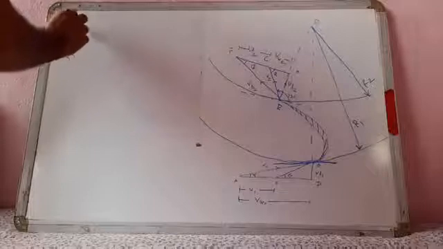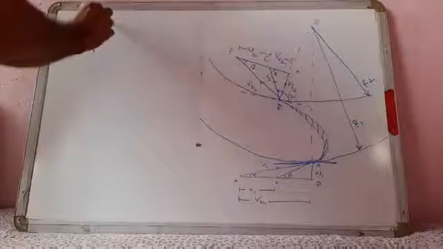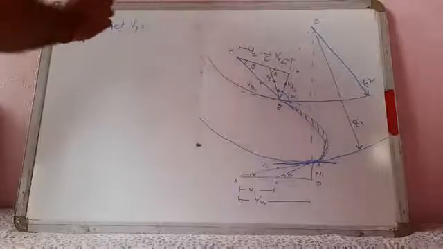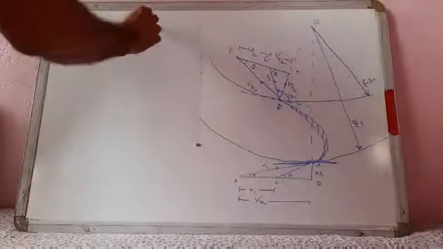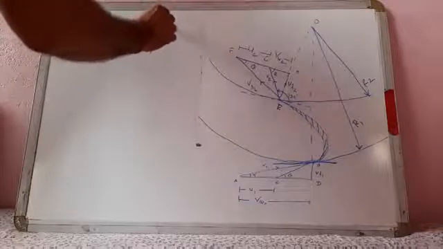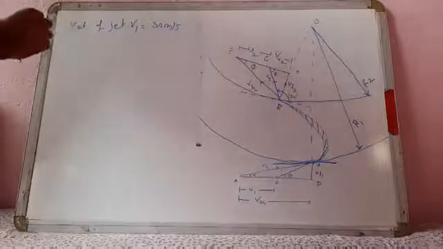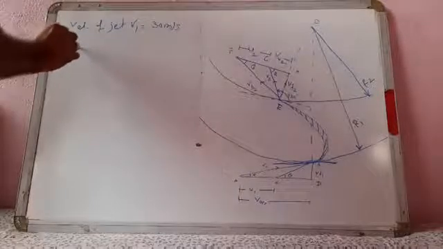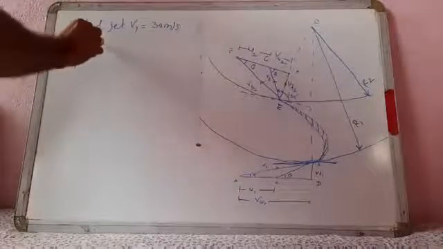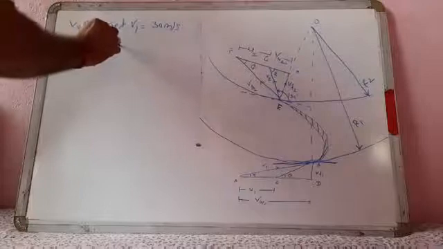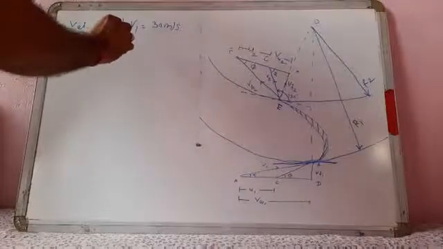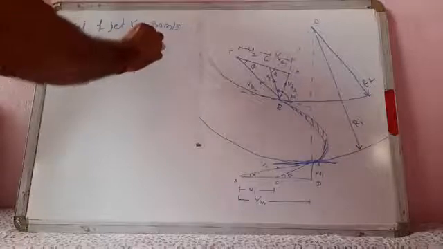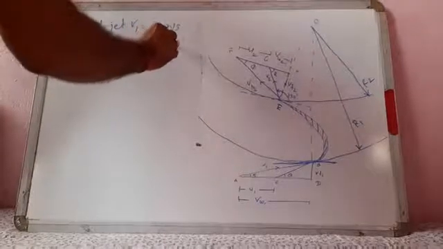Velocity of jet V1 is given as 30 meters per second. Speed of wheel, N, is given as 200 rpm.